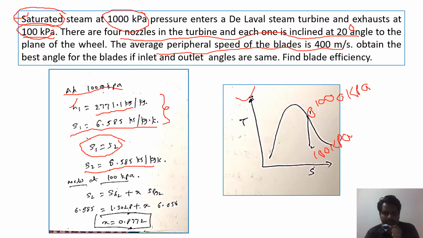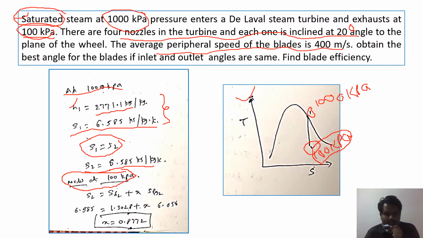Now let us find the enthalpy and entropy values at point 2. The given pressure is 100 kilopascal, so again we have to refer to the saturation steam table, because point 2 is in the saturation zone.